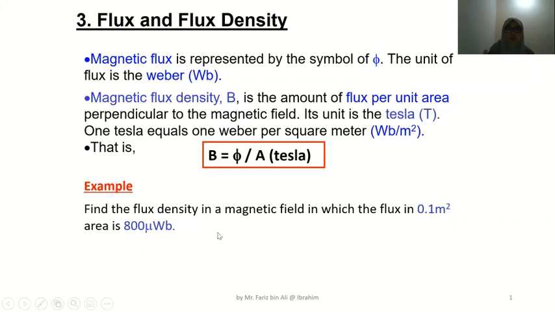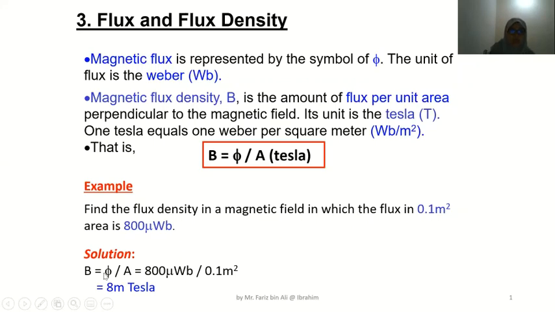For example, find the flux density in the magnetic field in which the flux in a 0.1 meter squared area is equivalent to 800 microweber. Using this formula, you find the flux density B, where the flux Φ is 800 microweber and the area is 0.1 meter squared.